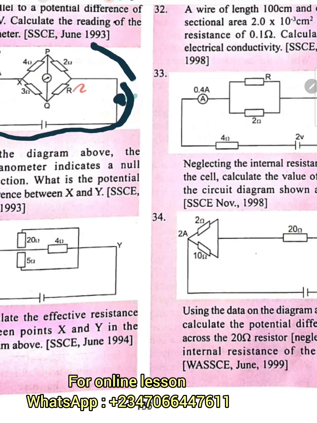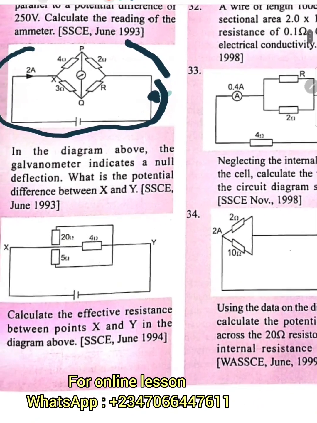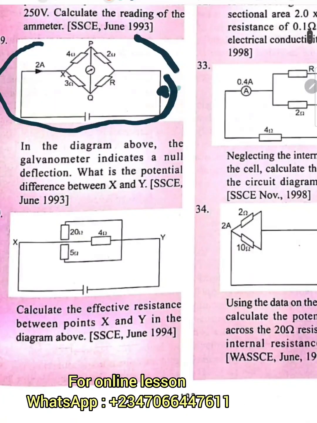So now this R here, we don't know the resistance in this place. So that is why we need to balance this circuit. Let us check if this resistance will have the same value at this point X and this point Y. Now look at where we are interested in. What is the potential difference between X and Y?